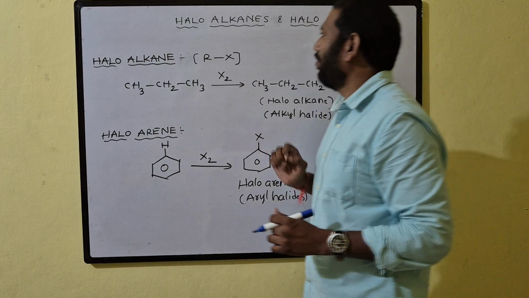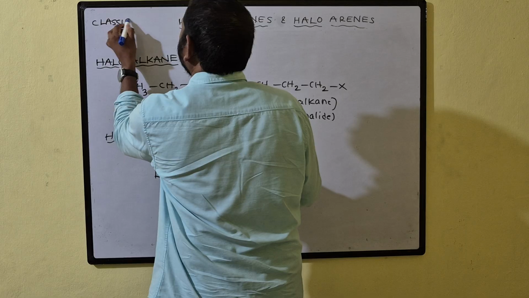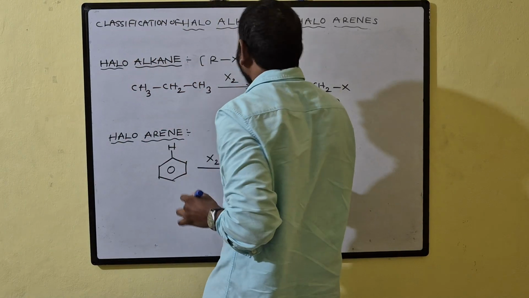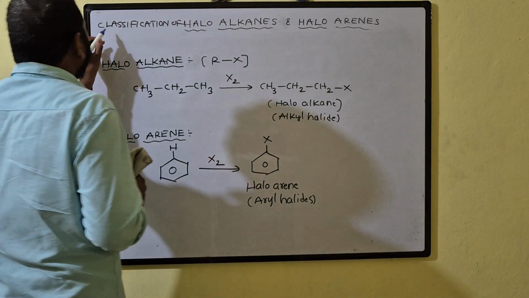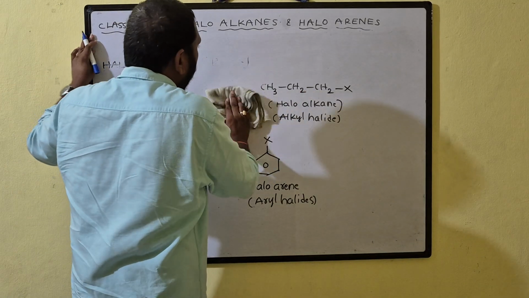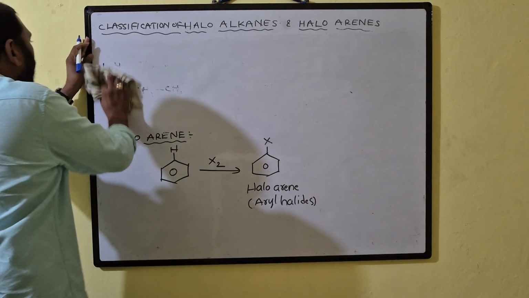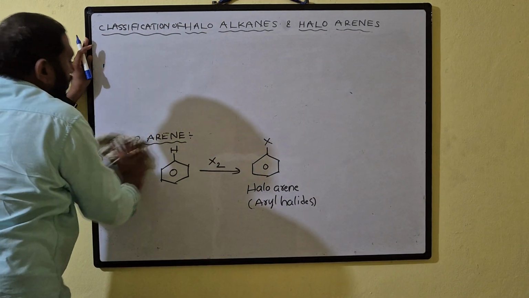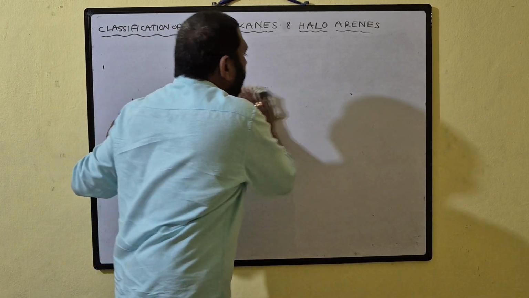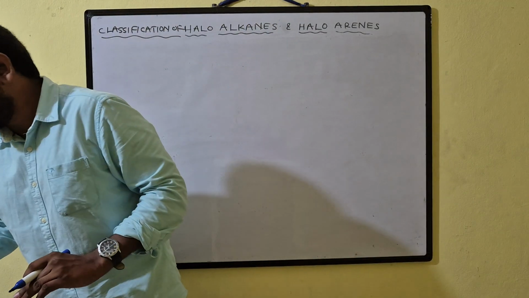Now let's discuss classification of haloalkanes and haloarenes. Based on the number of halogen atoms present in the compound, these are classified as monohalogen derivatives, dihalogen derivatives, trihalogen derivatives.